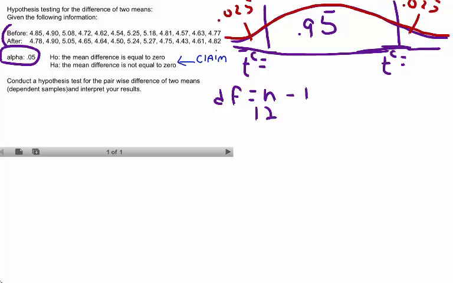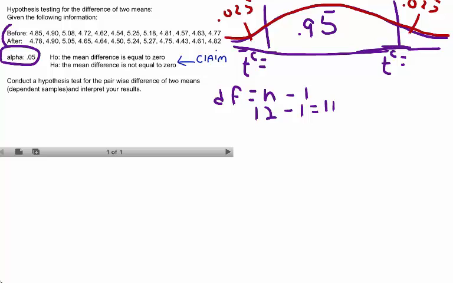Our sample size is 12 minus 1, which equals 11. So you can use your t-table, or you can use the inverse t function on your graphing calculator. The inverse t function does not appear on the TI-83 calculators, but it does appear in the TI-84 Silver Edition.